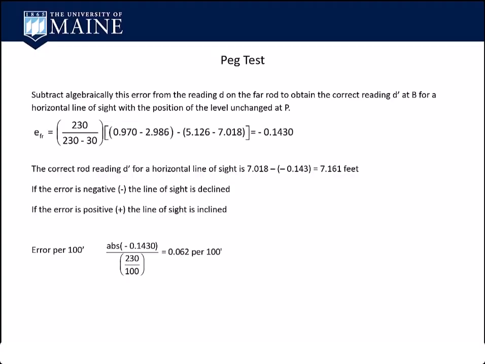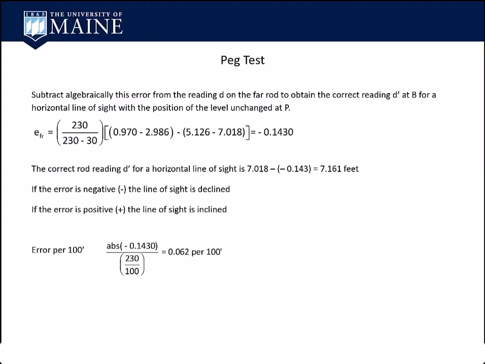So the correct rod reading, you subtract it algebraically from the line of sight. So the true rod reading at the far rod should have been 7.161. If the error is negative, the line of sight is declined. And if it's positive, the line of sight is inclined.